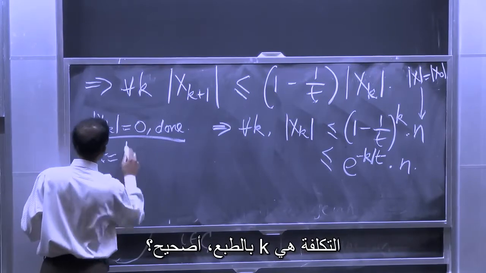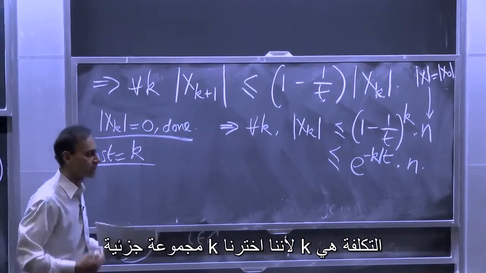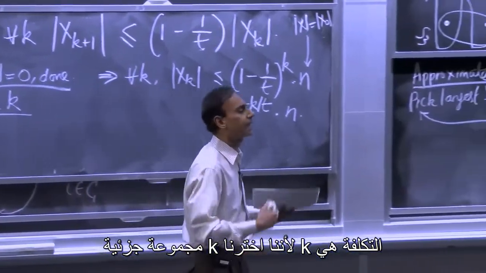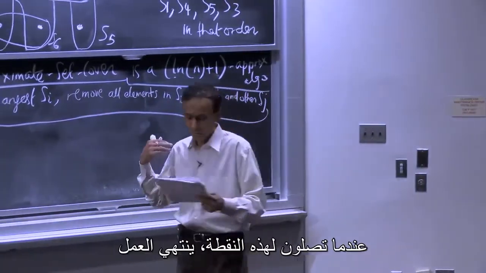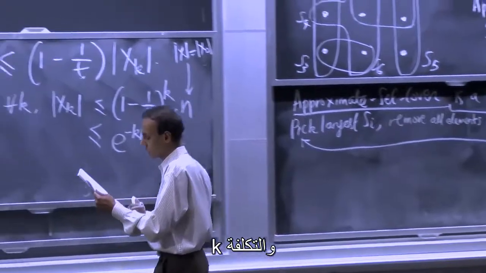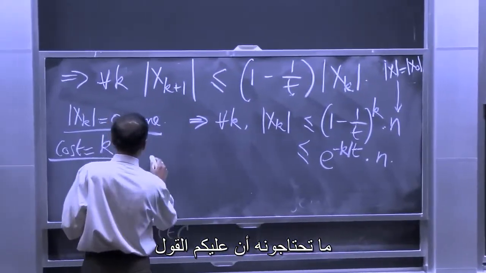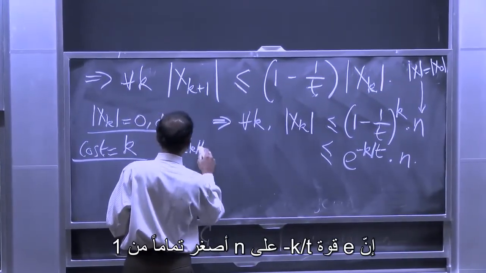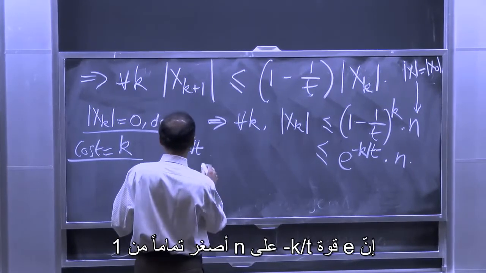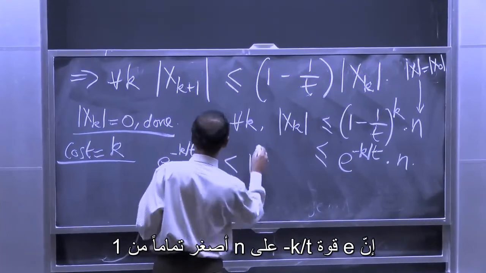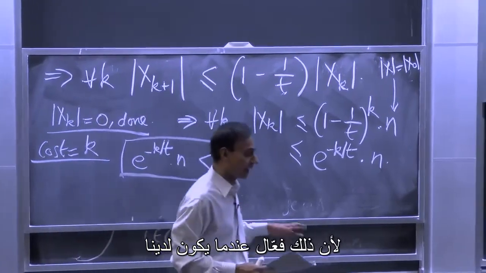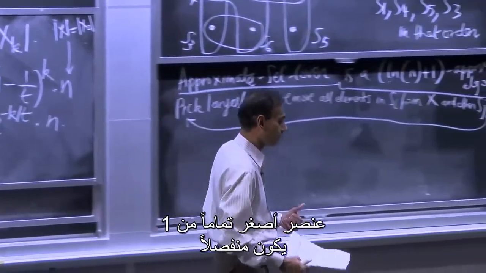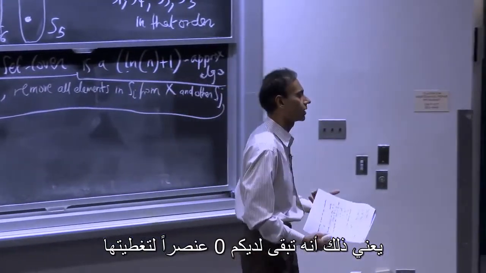The cost, of course, is k, because you've selected k subsets. So when it gets to that point, you're done, and the cost is k. What you need is to say that e raised to minus kt divided by n is strictly less than 1, because that is effectively when you have strictly less than one element. It's discrete, so that means you have 0 elements left to cover.